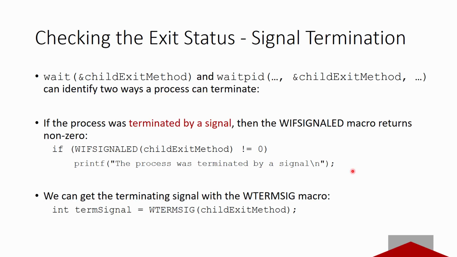We can then get the terminating signal, so what actually killed this process, by using the wTermSig macro on the same child exit method integer. So again, similarly to the previous slide, you cannot get which signal killed the process by directly examining child exit method. You can only get that terminating signal by examining wTermSig.